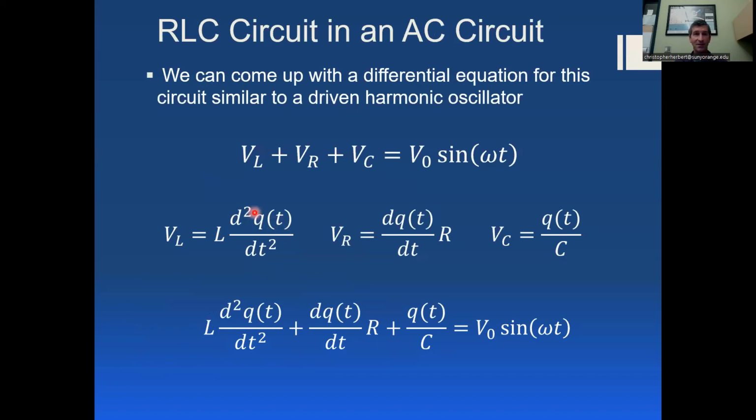The rate at which the current changes is equal to the second derivative of the charge as a function of time. Our voltage across the resistor or resistive load is very simple. It's just V equals IR. I is dQ/dt. And then finally, our voltage across the capacitor depends on how much charge we have on the capacitor divided by the capacitance.